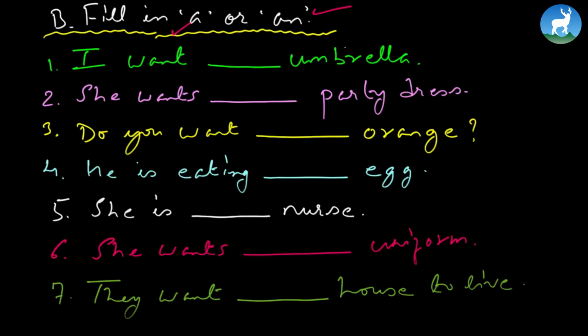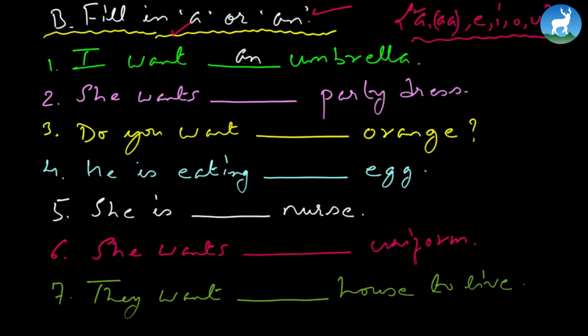I want an umbrella. Remember, the vowel sounds include A, E, I, O, U. I want an umbrella. See? The very initial sound is a vowel sound. That's why we go for an here.